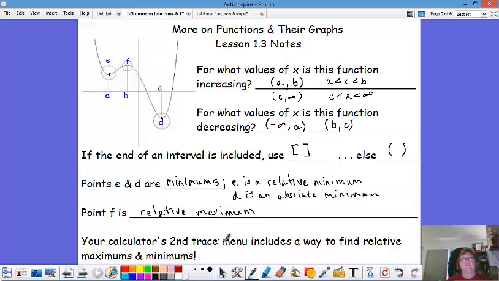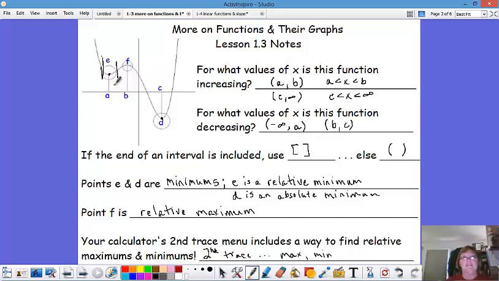Your calculator's second trace menu includes a way to find those. The keystrokes that you would use on the TI-84 are second, trace, and then pick max or min. You have to go through a procedure of setting a left and right boundary around the, say if we were going for this one, you'd move your cursor here left of the minimum and press enter, move right of the minimum and press enter, and then on the TI-83 and 4 you have to press enter one more time.